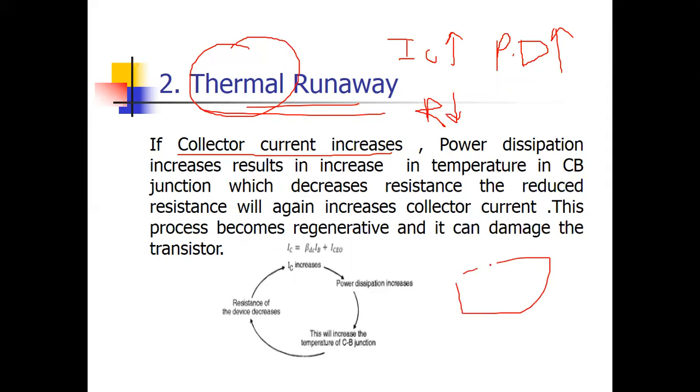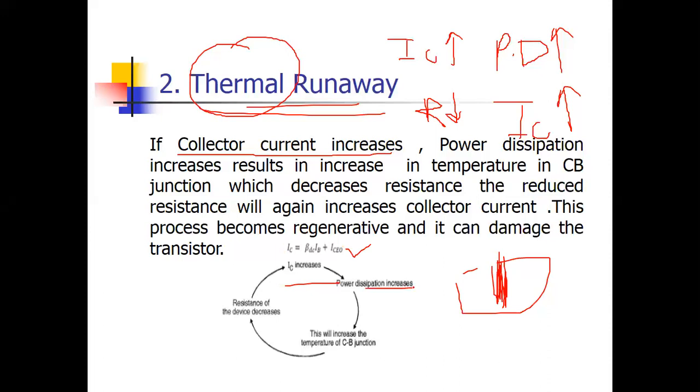If junction resistance decreases, ultimately current will increase again, and this cycle will go on. Again, listen. First of all, IC increases. See the equation IC equals beta IB plus IC naught: if leakage current increases by any means, then IC increases.